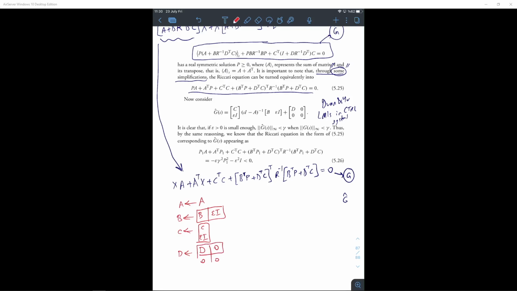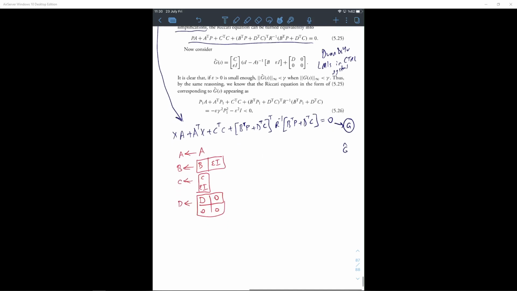If we do that, let me get my notes, again as written here, there exists a P1 matrix, or X. We were using X, right?